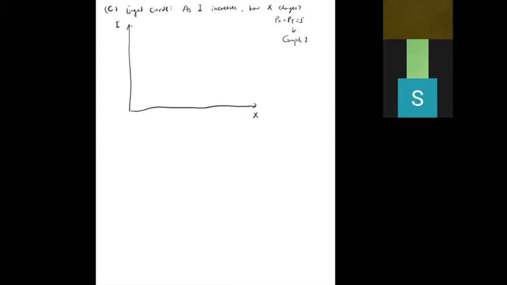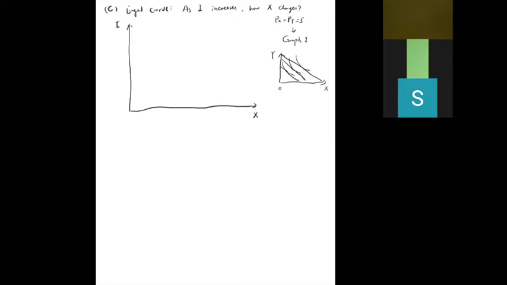So let me briefly draw graph 1 here. It's 3 indifference curves and 3 parallel budget lines.